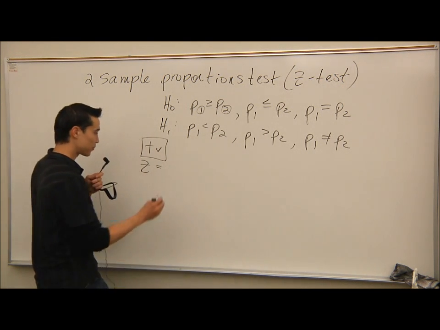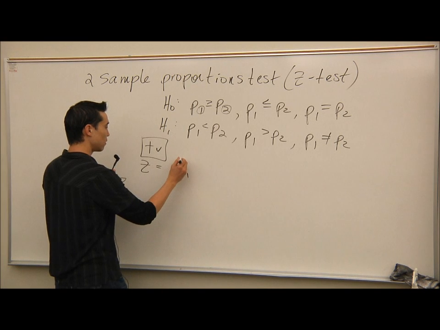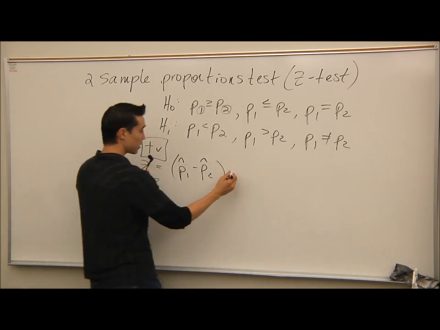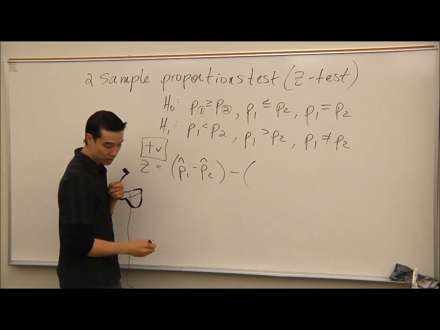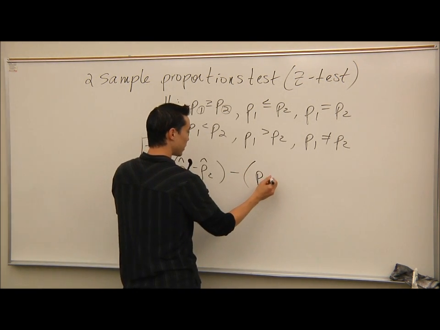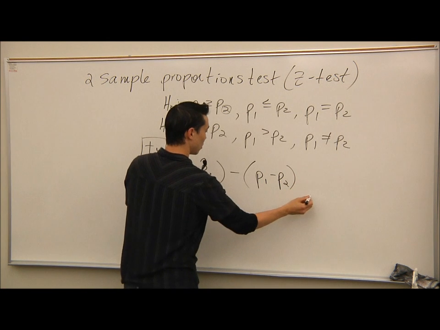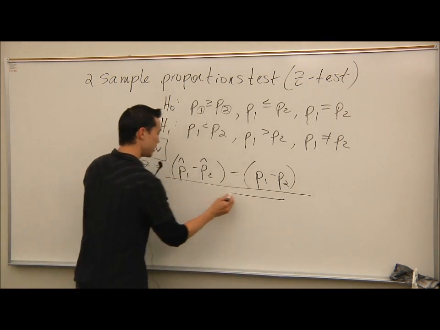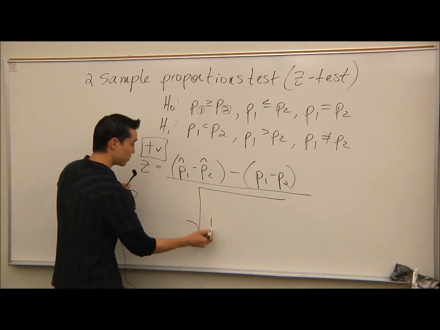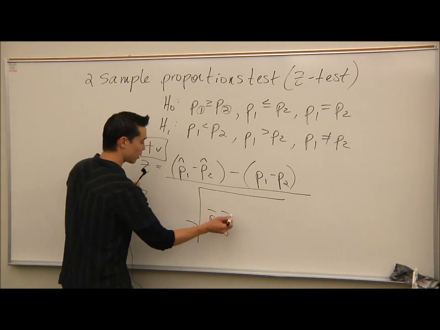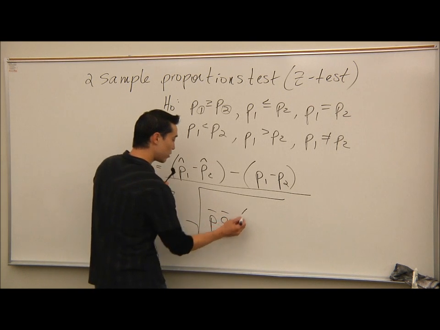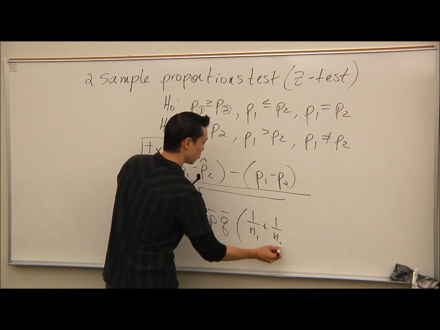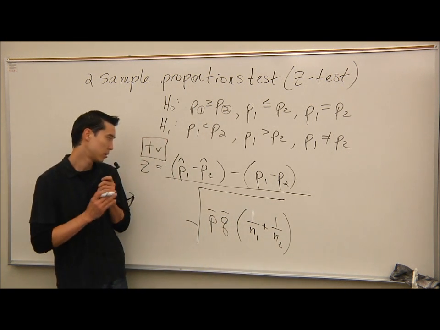Z equals P1 hat minus P2 hat minus the hypothesized difference in the population proportions, P1 minus P2, all divided by a big square root, and then here's a couple of new terms that I'm introducing, P bar times Q bar, then in parentheses 1 over N1 plus 1 over N2. Okay.